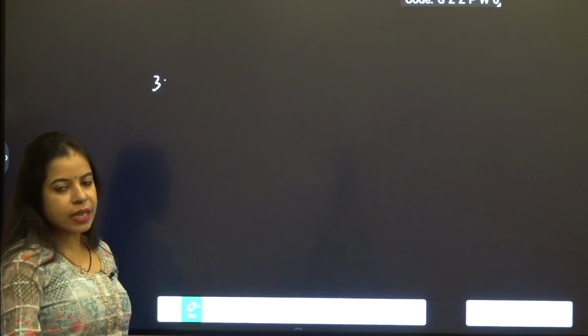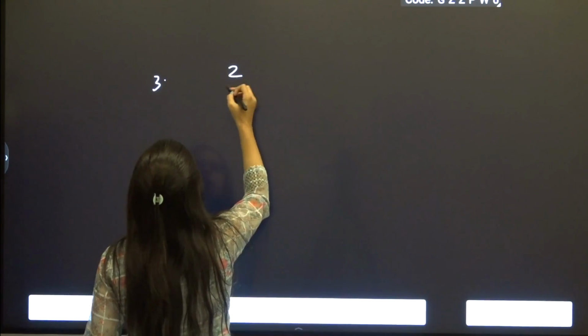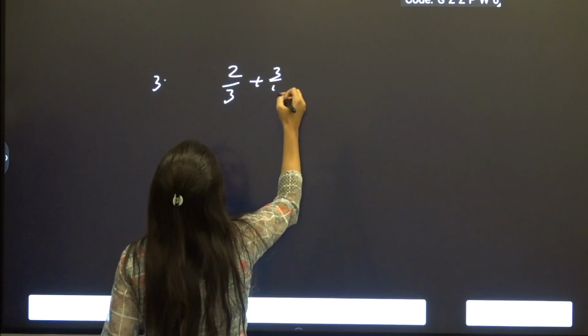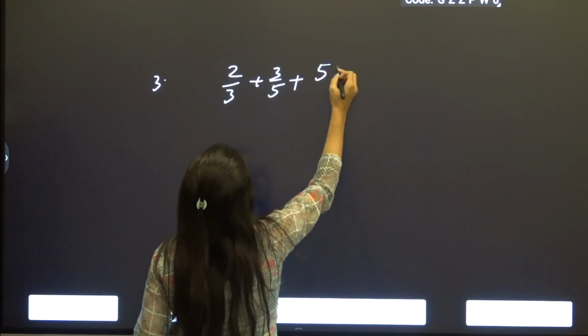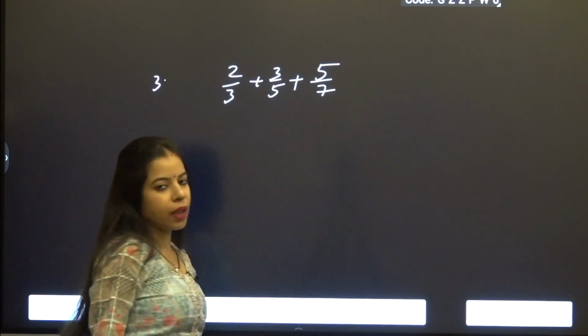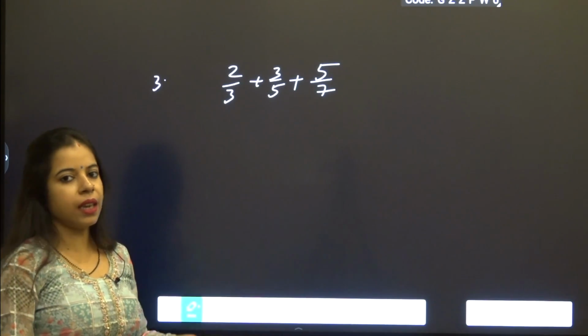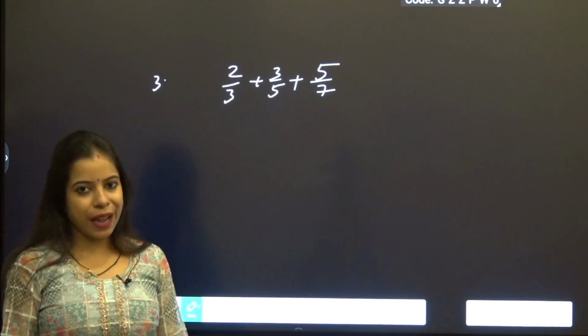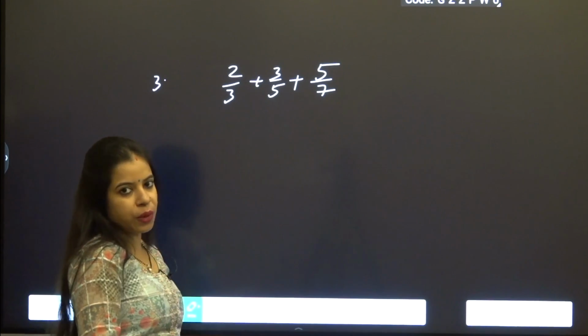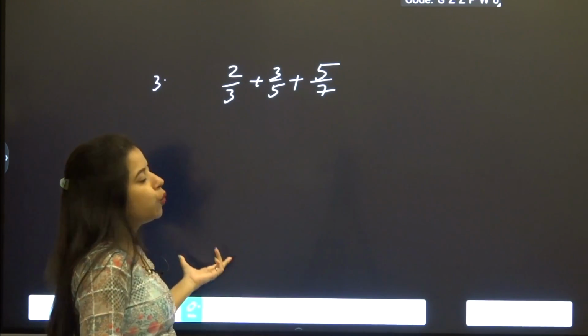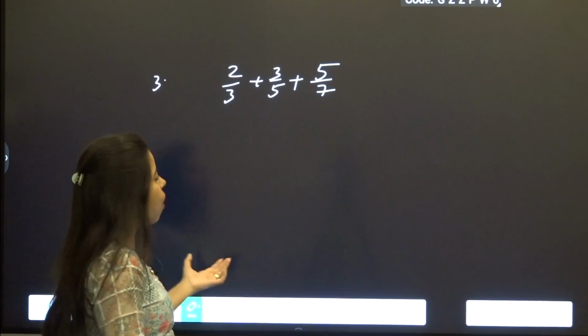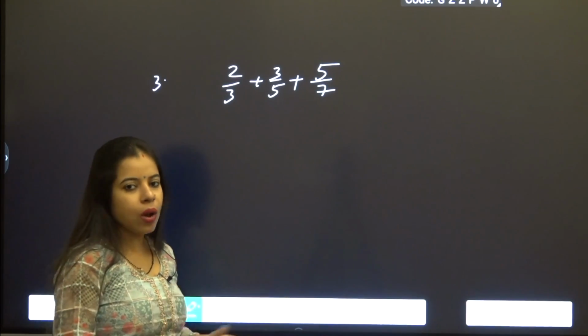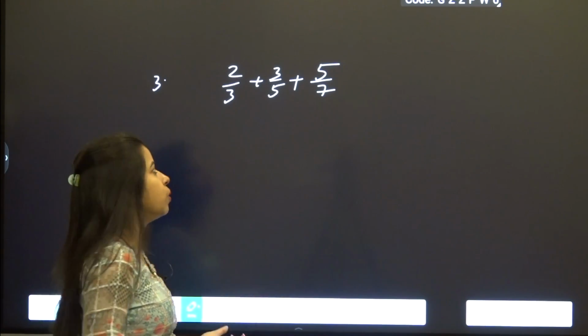Say, let's take three numbers, 2 by 3 plus 3 by 5 plus 5 by 7. Now we can see that again these are unlike fractions. So what we can do is, we can take two fractions at a time, or we can add all three in one go.